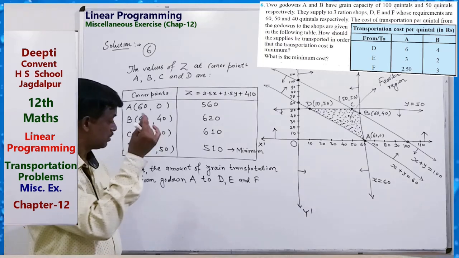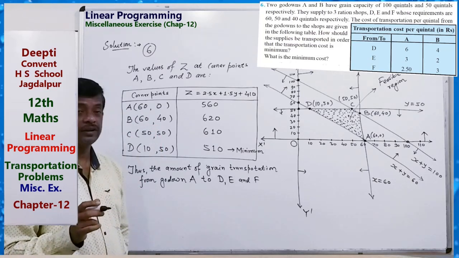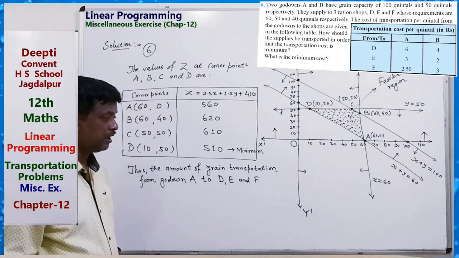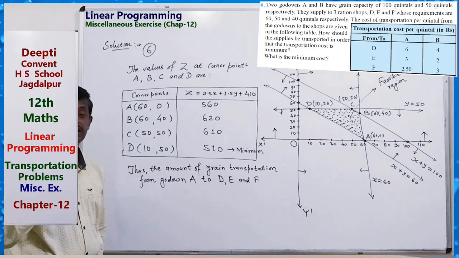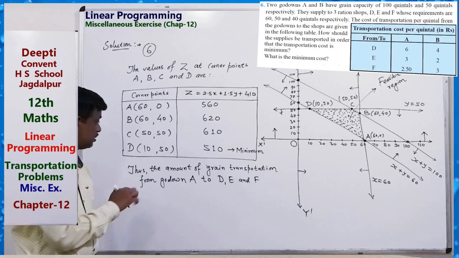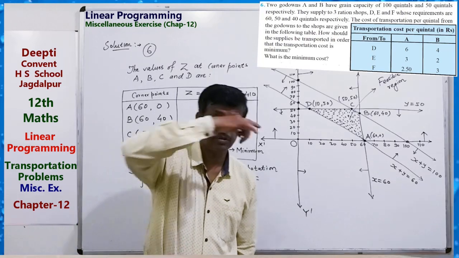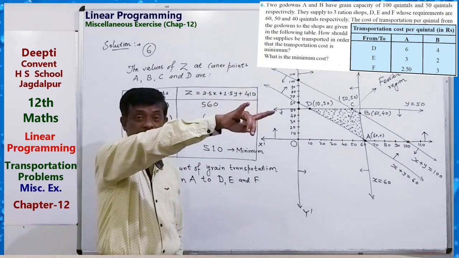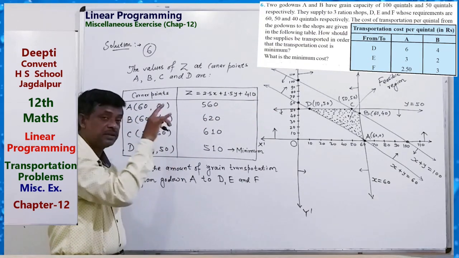Just the amount, how many rupees? First, the amount of grain. Because x quintal, y quintal, so 10 quintal. In the diagram there was x, y, and then 100 minus x minus y, so 100 minus 60, 40.